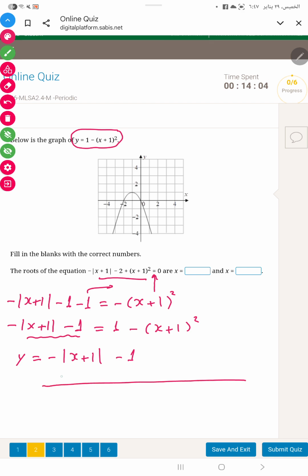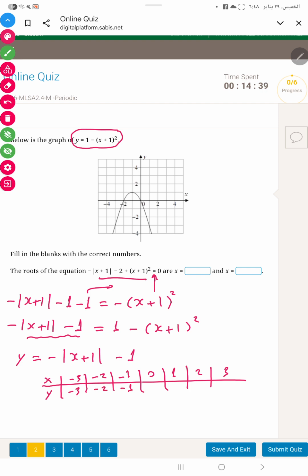Here is a table for x and y. Take random values for x: -3, -2, -1, 0, 1, 2, 3. When x is negative 3, you replace negative 3 here in x and see what you get. Negative 3 plus 1, you get negative 2, and because of this minus, you get negative 2, and negative 1, you get negative 3, and then negative 2, then negative 1.